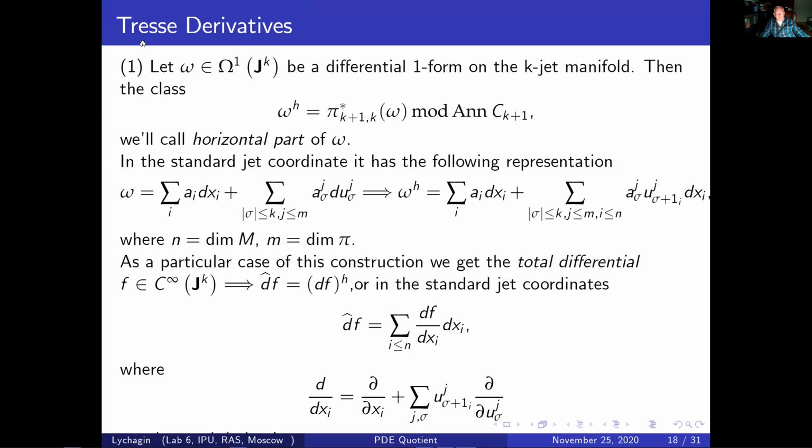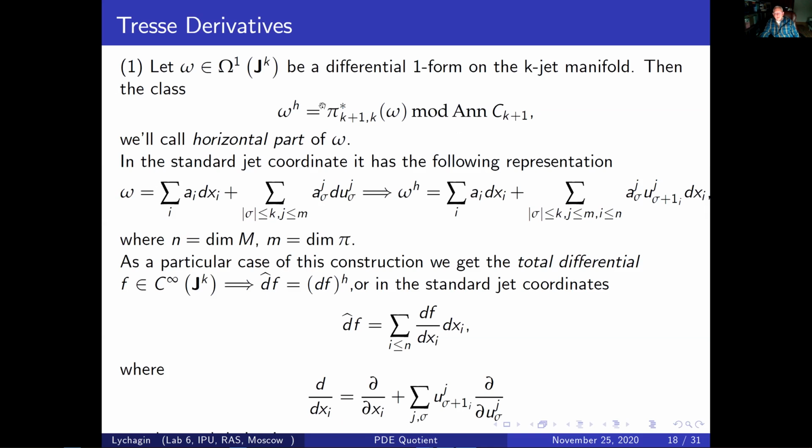I will remind you of the notion of Tresse derivatives. The first is the operation of taking the horizontal part of differential forms on J^k. If you take some form omega, now a differential one-form, but not a point, we lift it to k plus 1 jets and consider it modulo the annihilator of the Cartan distribution on k plus 1 jets.